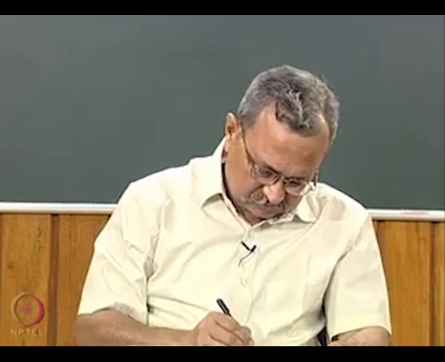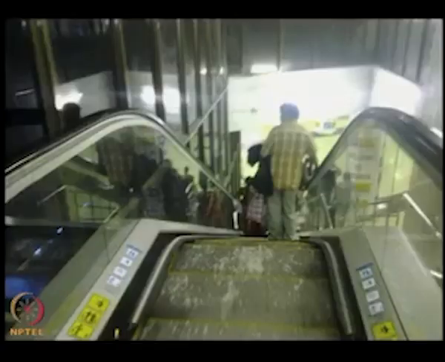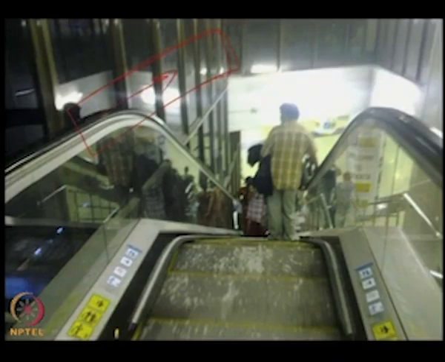As an example, this is an escalator going down. If electronic information is passing like this and the person is going down, it is the same way. If it comes backwards, then it is a different way.